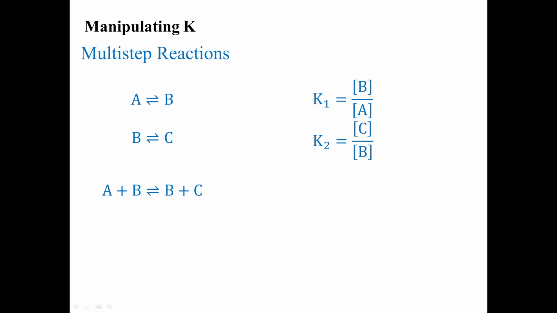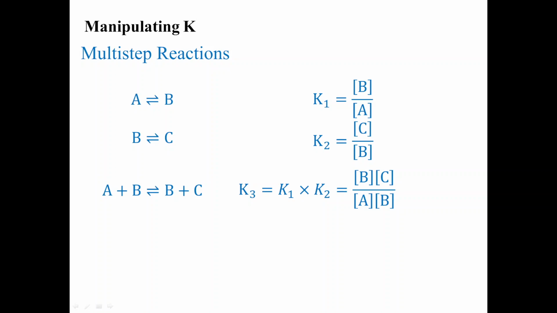So we'll add up all of our products together for both reactions, so B plus C, and that gives our K overall, or K3 in this case, of concentration of B times concentration of C divided by concentration of A divided by concentration of B. Or we could figure it out numerically by just multiplying K1 times K2. All right, so if you're adding your reactions together, you're going to multiply your equilibrium constants together.